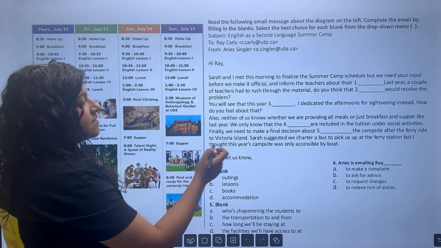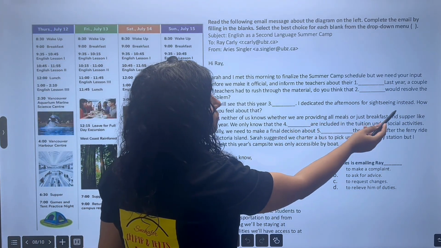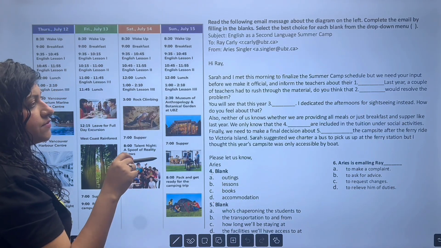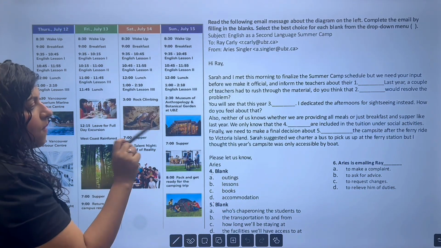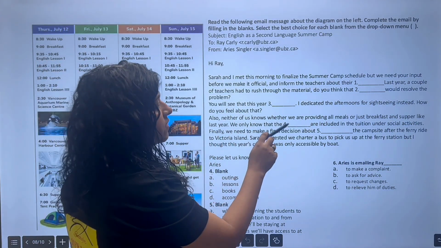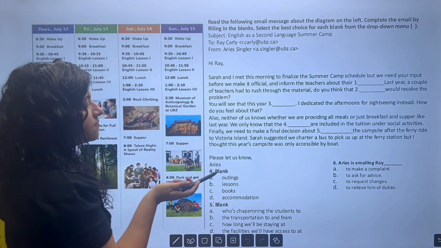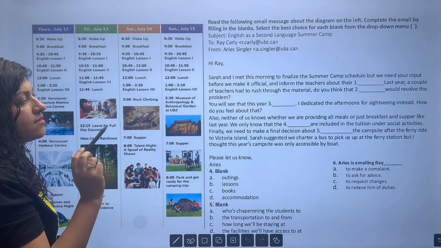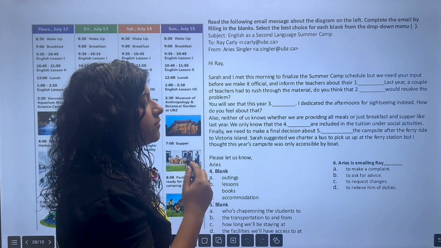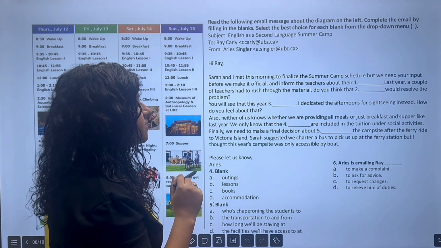Now the text says, I dedicated the afternoons for sightseeing instead. How do you feel about that? Also, neither of us knows whether we are providing all meals or just breakfast and supper like last year. We only know that the dash are included in the tuition under social activities.